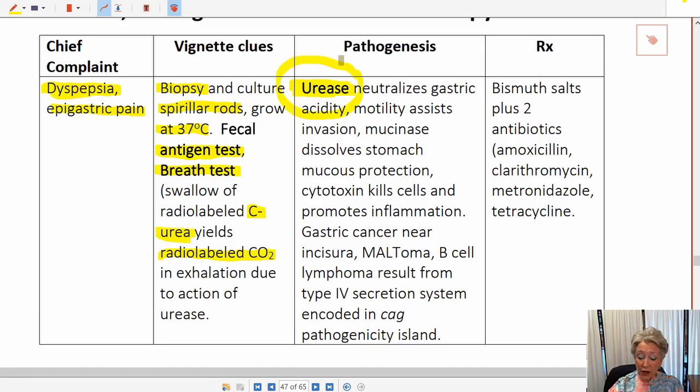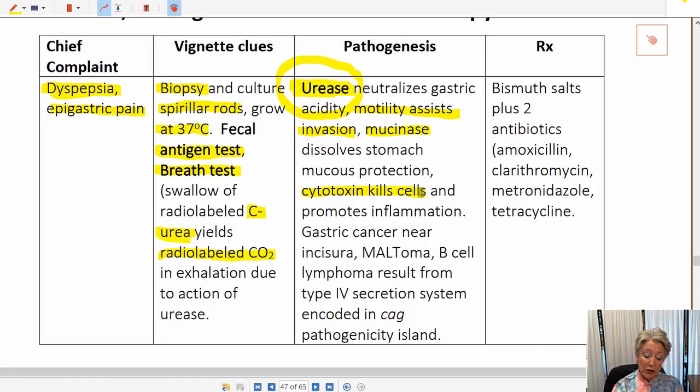What urease does for this organism is allows it to survive in the stomach acid. So by altering the pH in the area, then the organism uses its motility to assist it in invading. It produces a mucinase, which dissolves the mucus protection over the stomach, a cytotoxin, which kills cells and promotes inflammation.